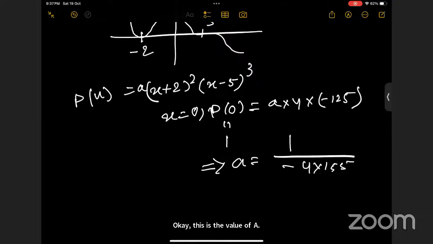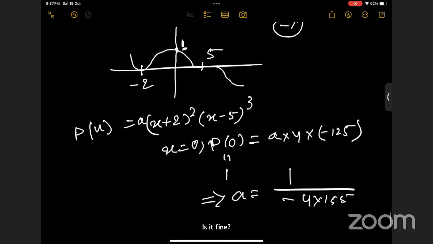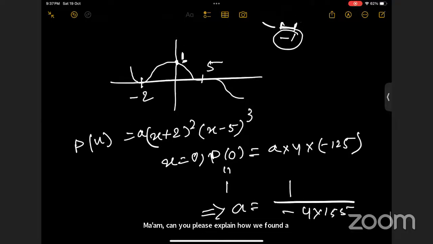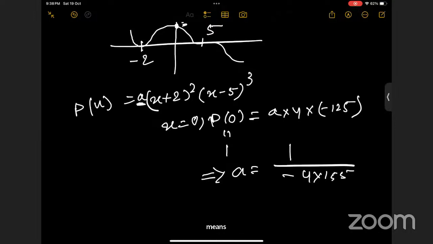Ma'am, can you please explain how we found a? Okay, so here there will be some coefficient. I don't know what the coefficient is, but I have to calculate it, right? In this graph, we are given that the y-intercept is 1, and y-intercept means p(0), right? So p(0) equals 1, and a is unknown here.